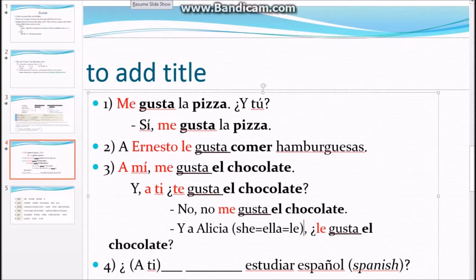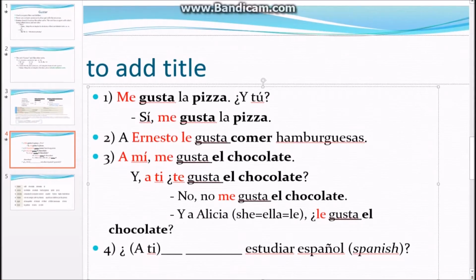Okay, so let's look at number 4. ¿A ti estudiar español? So we know, of course, español is Spanish. So what about estudiar? Estudiar, like on the slide before this, it's one of those infinitive verbs. It means to study. Just like ser means to be.